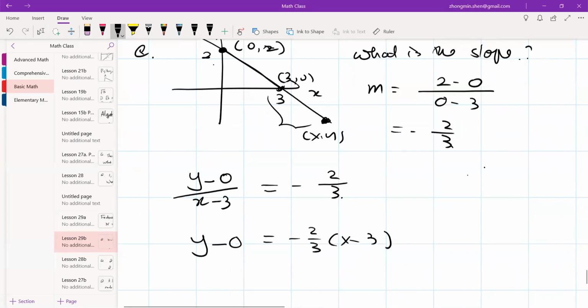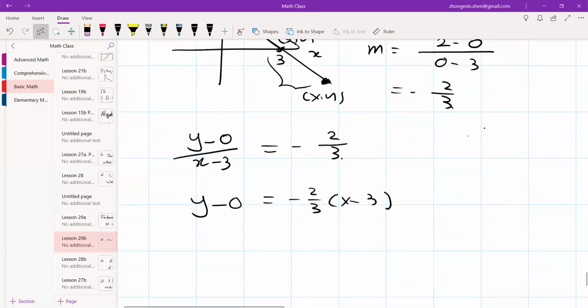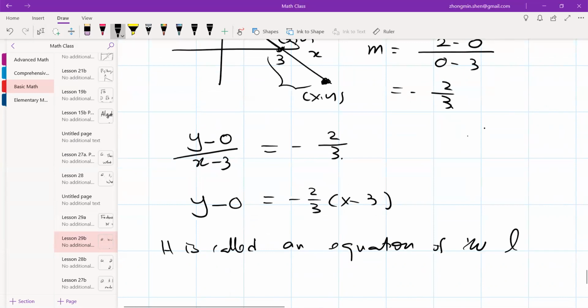You can rewrite this relationship. This is called the linear equation, an equation of the line.